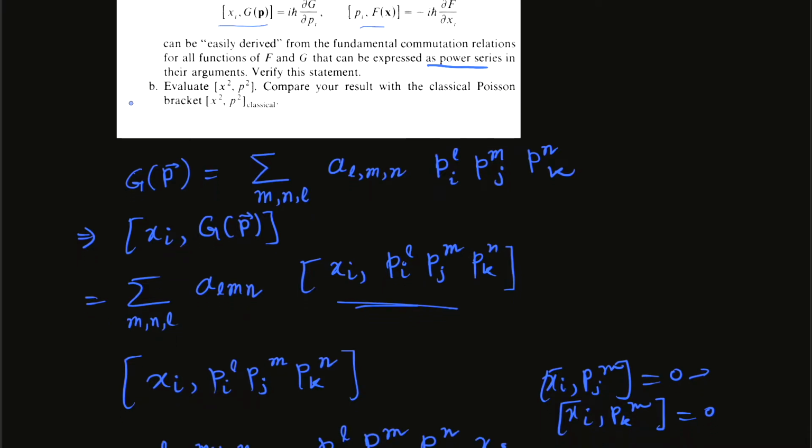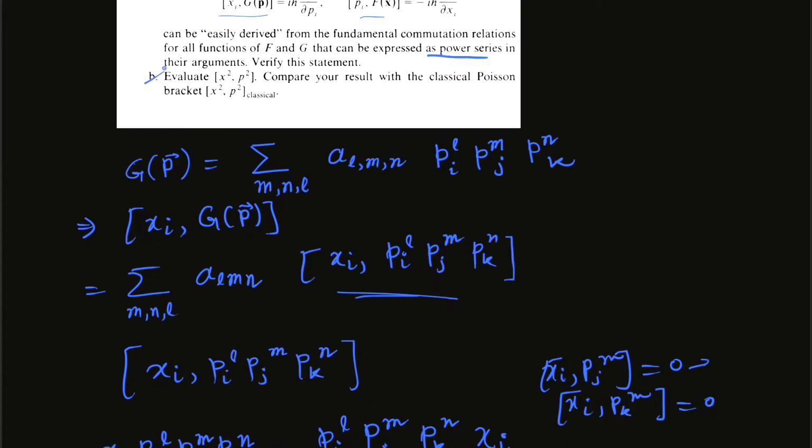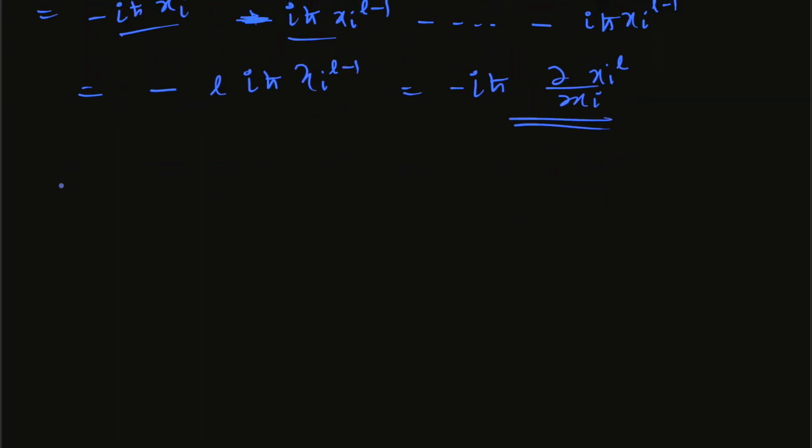Now let us check what the b part of the question 29 is. Here it is asked, evaluate [x square, p square] and compare your result with the classical Poisson bracket of x square, p square. So first evaluate the quantum part, that means we have to express the commutator of x square and p square. So what does it mean?